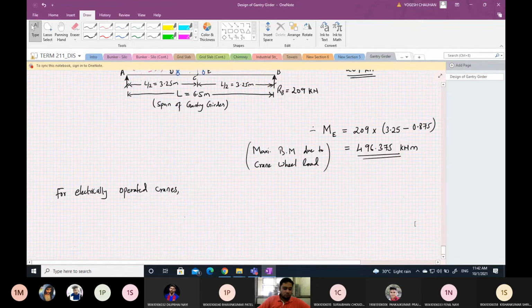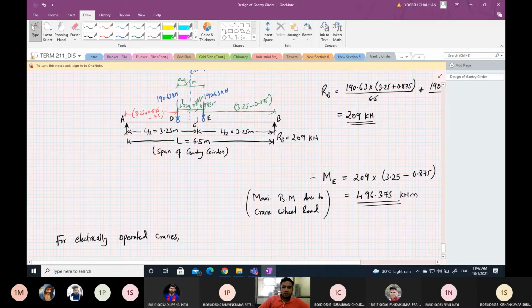So the impact load will be 0.25 of this wheel load, 190.63.